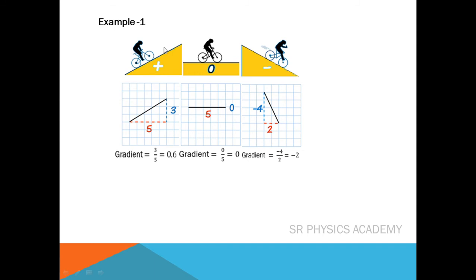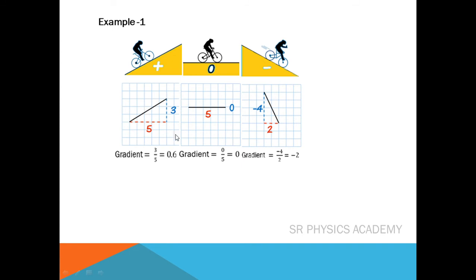The gradient or slope is measured as how far up we have gone compared to how far we have gone across. Here it rises up 3, and across it is, for example, 5.